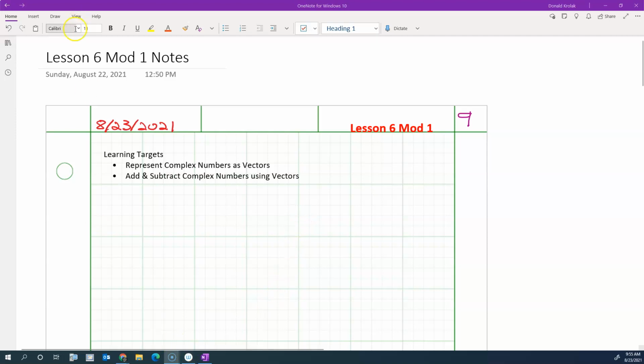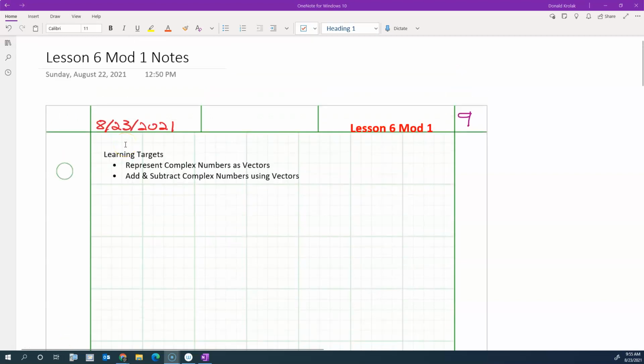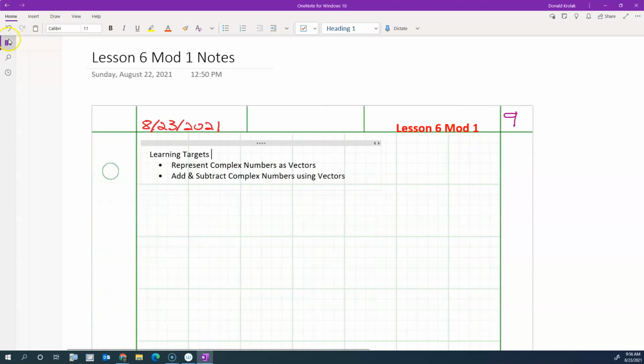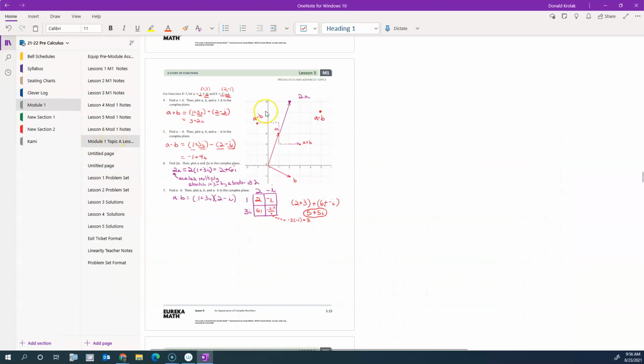All right, so go to the page, what did I say, 18. And that's just a quick little review of what we did Friday, adding and subtracting, multiplying with complex numbers, but we haven't done anything yet with vectors. All right, so if we go to that, let's see here.